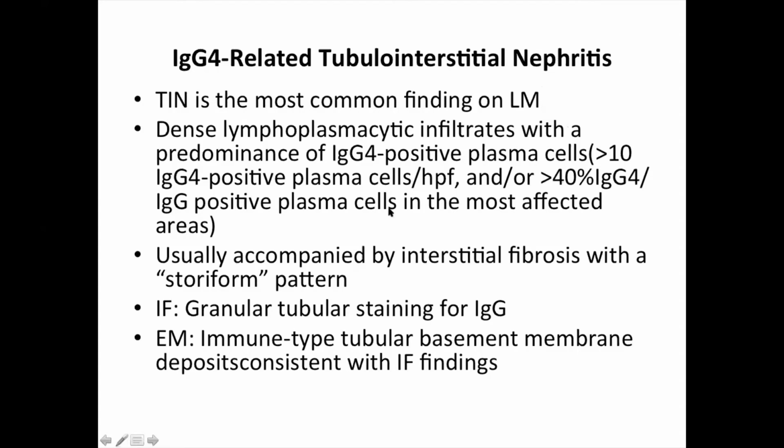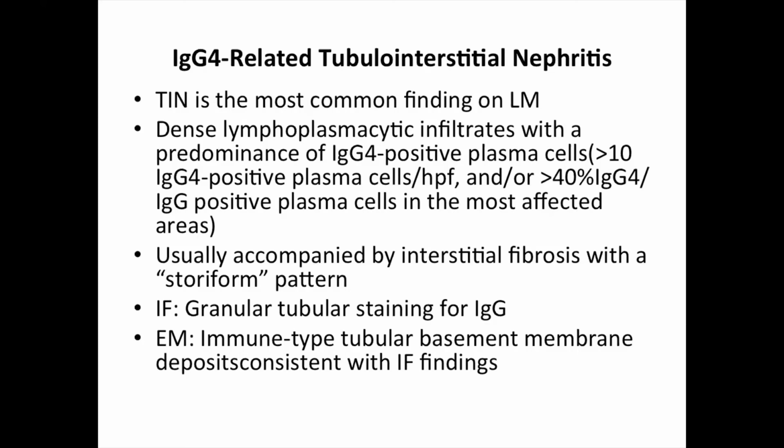All right, so as you have predicted, this is an IgG4-related tubulointerstitial nephritis. On light microscopy we have a lymphoplasmacytic infiltrate. In rare cases we may have membranous disease with IgG4 disease, but of course PLA2R negative, because it's a secondary membranous.